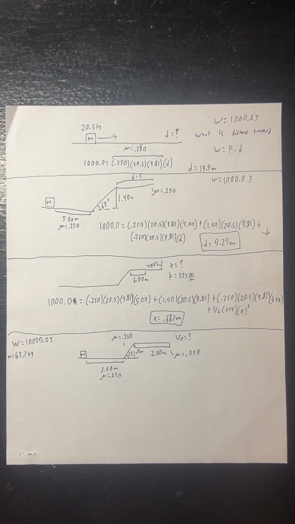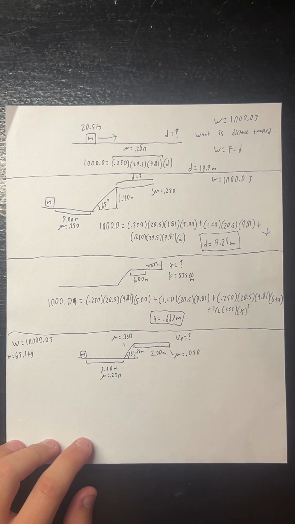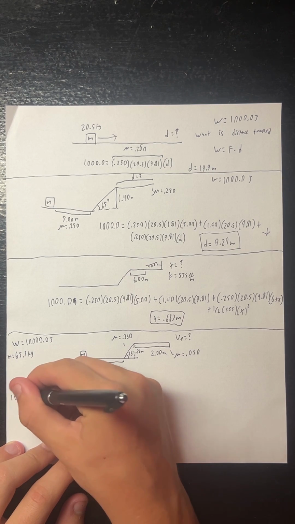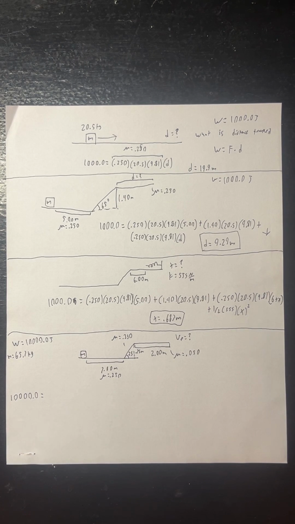Okay, and then this question asks what the final velocity is after going through this whole system. We're given all these things, and we can set up our equation starting with work. Our work is 10,000 joules this time, and it is going to equal, let's piecemeal this, force by force.